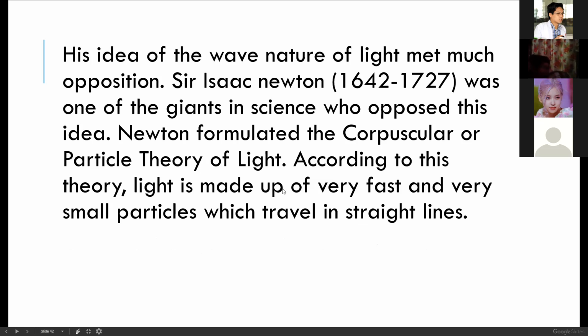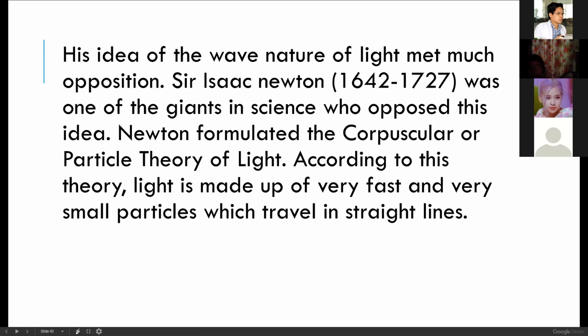His idea of the wave nature of light met much opposition. Sir Isaac Newton, 1642 to 1727, was one of the giants in science. Remember that Newton also established the laws of motion. Okay? Who opposed this idea?